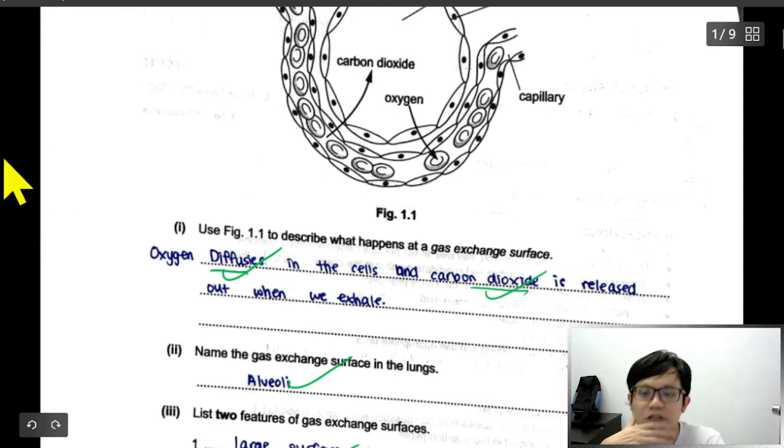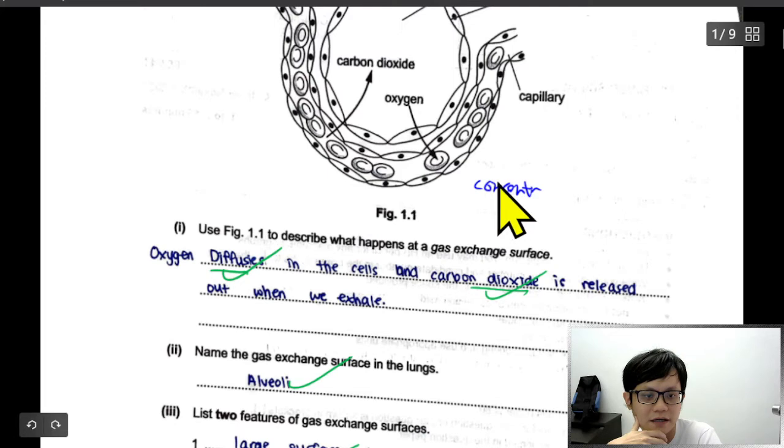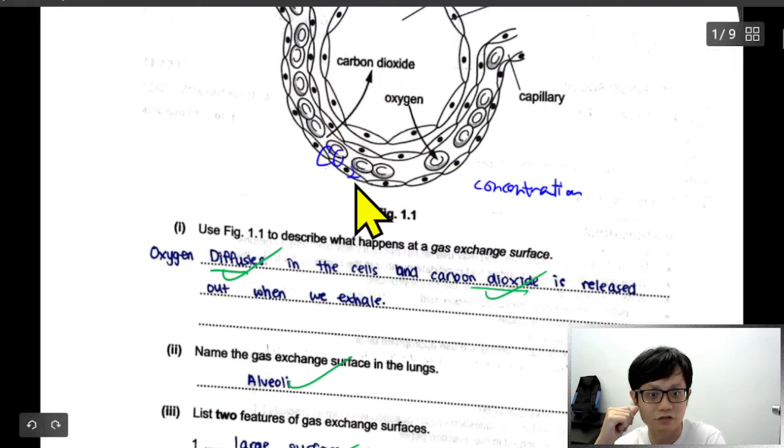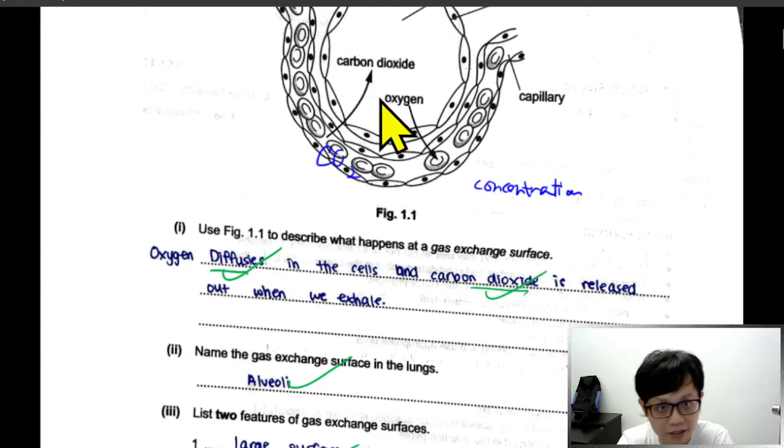If another question asks you why, then you need to say concentration, because the oxygen is higher concentration in the air than the blood, so the oxygen will diffuse into the blood, and the concentration of CO2 in the blood is higher than the air, so CO2 is being released into the air.